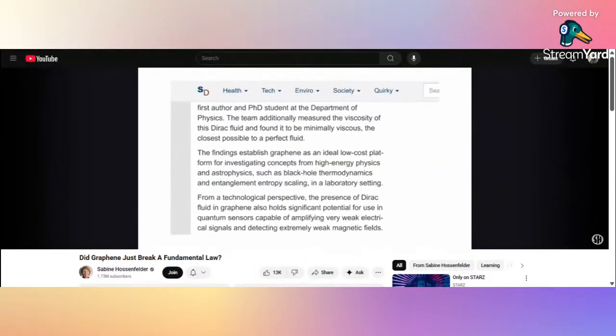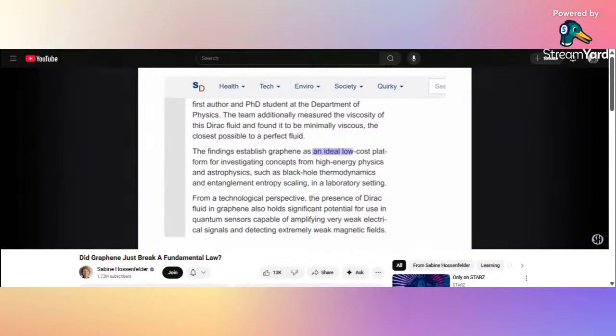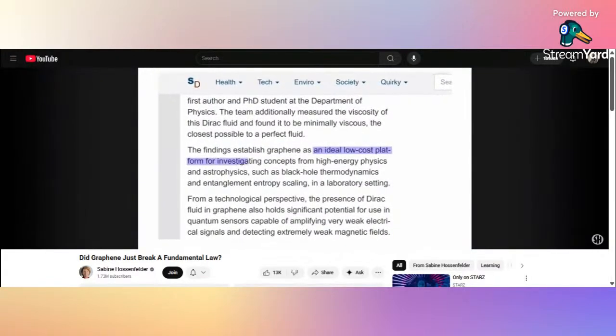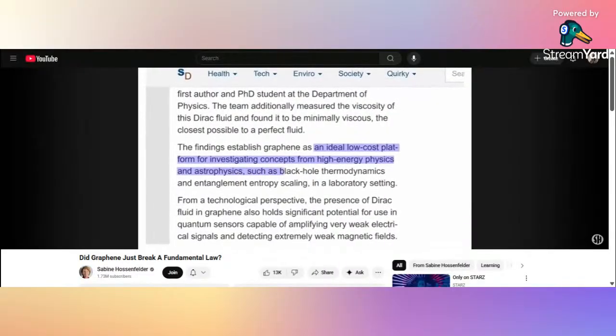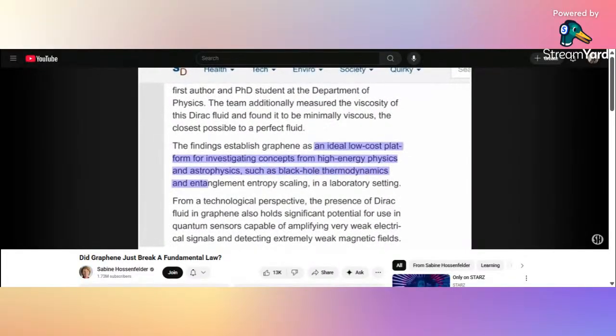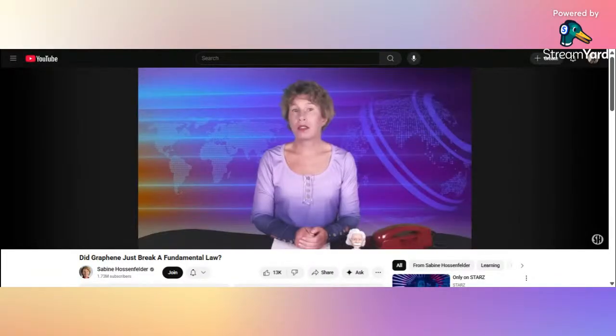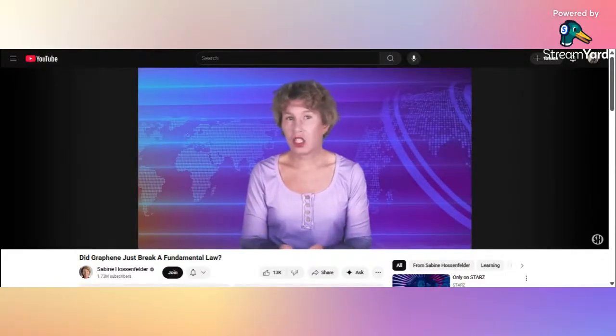This, the press release says, makes graphene an ideal low-cost platform for investigating concepts from high-energy physics and astrophysics, such as black hole thermodynamics and entanglement entropy scaling. Well, wow. That sounds impressive. But what did they actually do?